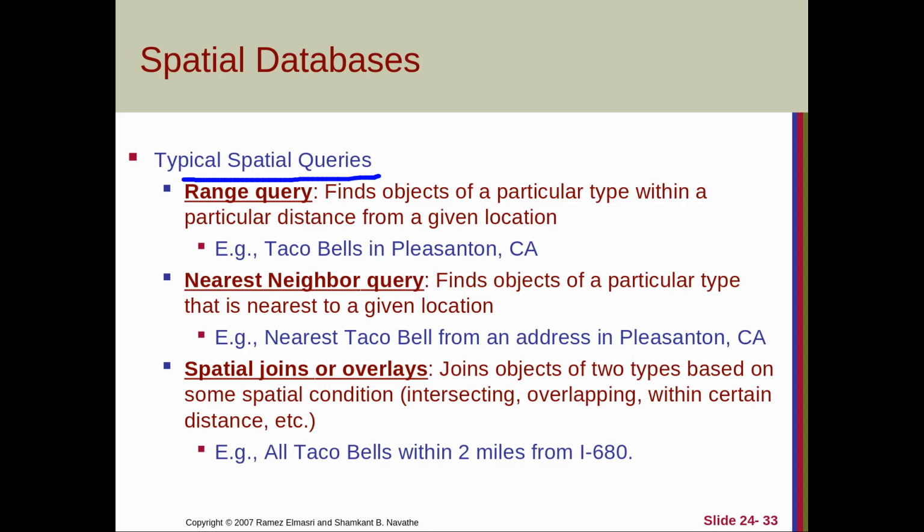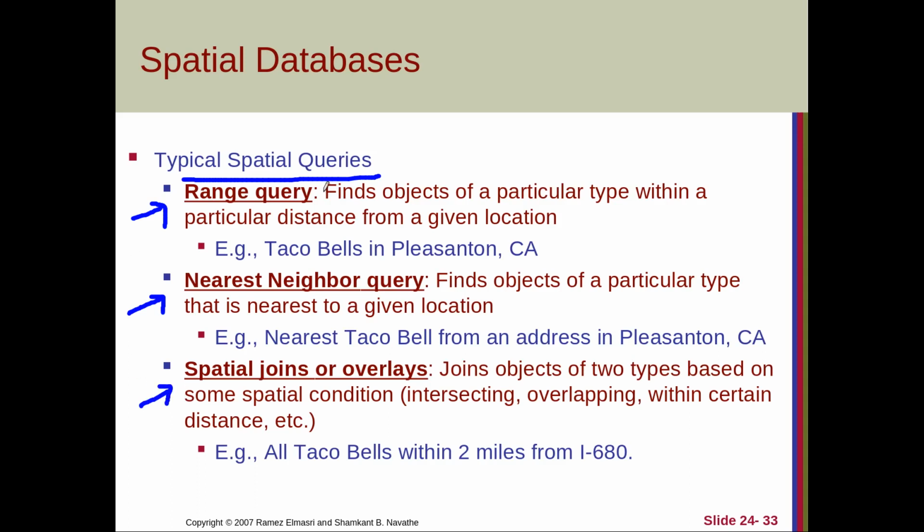In that way we are discussing the different types of spatial queries that can be applied to spatial databases. Some of the queries are range query, nearest neighbor query, and spatial joins or overlays. You will just see what the differences are between these types of queries.